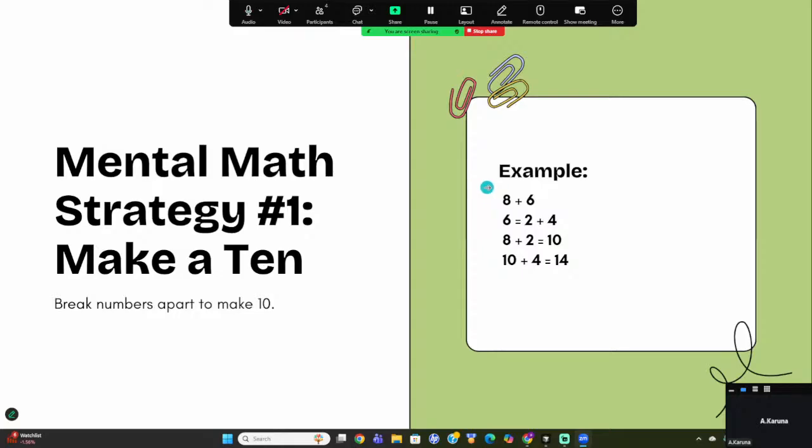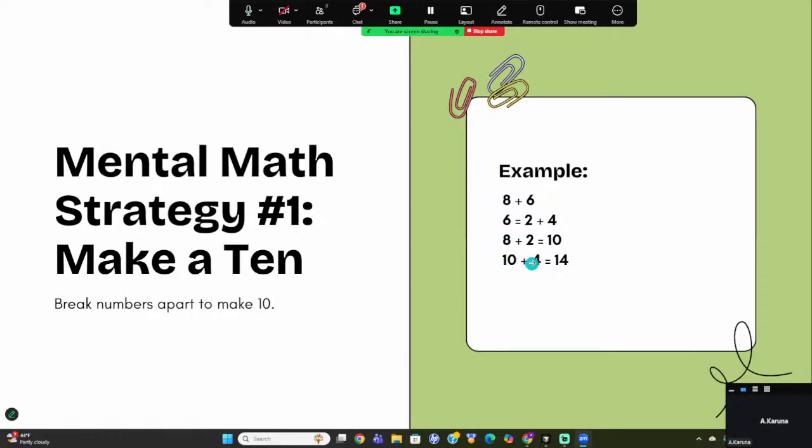So our example here, we have 8 plus 6. So we know we can break apart 6 into 2 plus 4. And 2 plus 4 is 6. So we're not changing anything. We're just breaking 6 apart into 2 plus 4. And since we know 8 plus 2 is equal to 10, this 2 here from the 6, we're adding it to the 8 to make it 10.